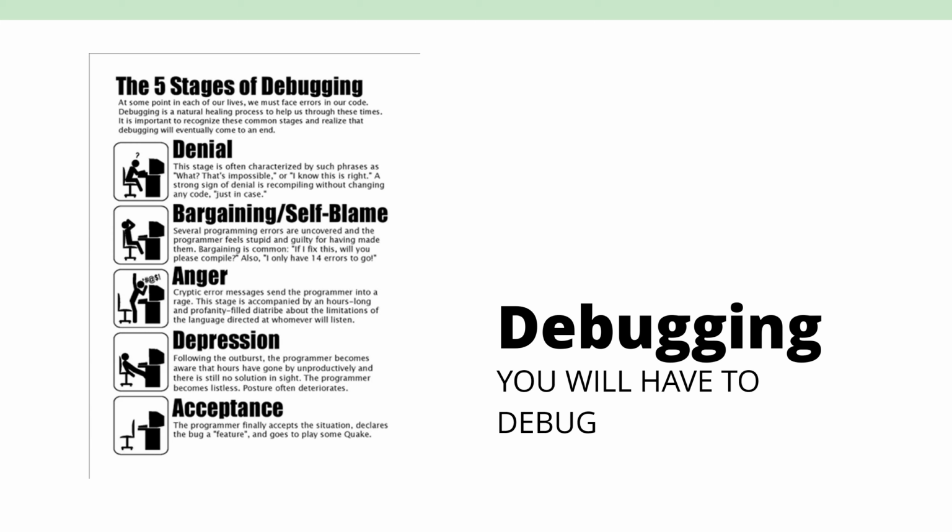So at first, you want to deny that you have a bug. What? That's impossible. I know I'm right. Let me try clicking the run button again. Maybe the computer or something in the universe just wasn't working at that second. Maybe if I click run one more time, it'll work. And then you start bargaining and self-blaming yourself.